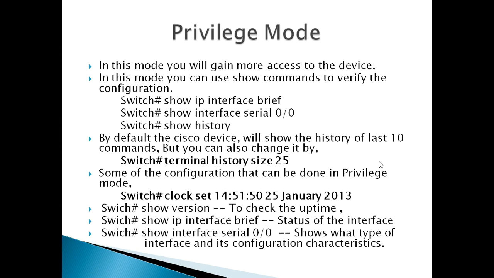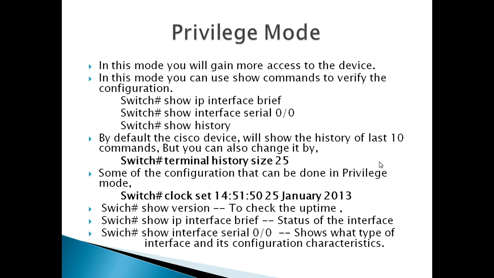And show interface serial 0/0, whichever interface you give, will tell us what type of interface it is and its configuration characteristics, like whether it is using HDLC or point-to-point, the duplex mode, or the speed of the interface. It's 100 Mbps or 1 gig or 10 Mbps, whatever it may be. This basic setup can be seen with the show interface serial 0/0 command.